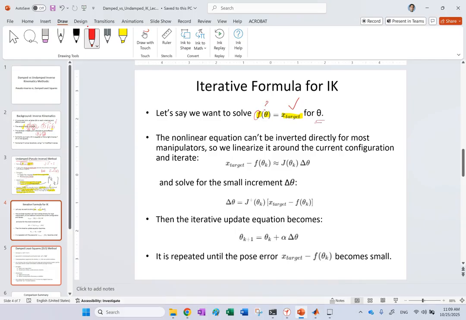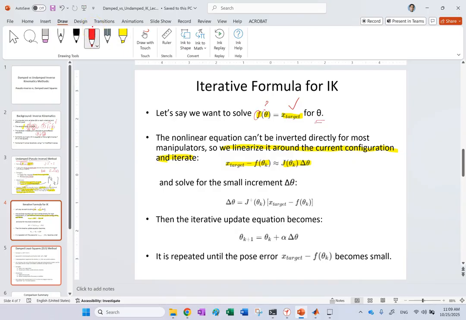Now, most of the time, as I said, these are a bunch of nonlinear equations that you cannot necessarily solve so easily. So one of the things you can do is linearize them around the current configuration. How? You say X target minus F at the current iteration is approximated by J times delta theta. You might ask where that comes from.